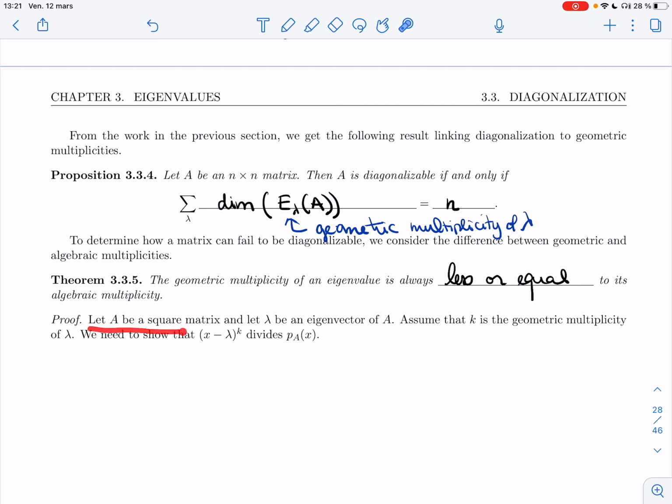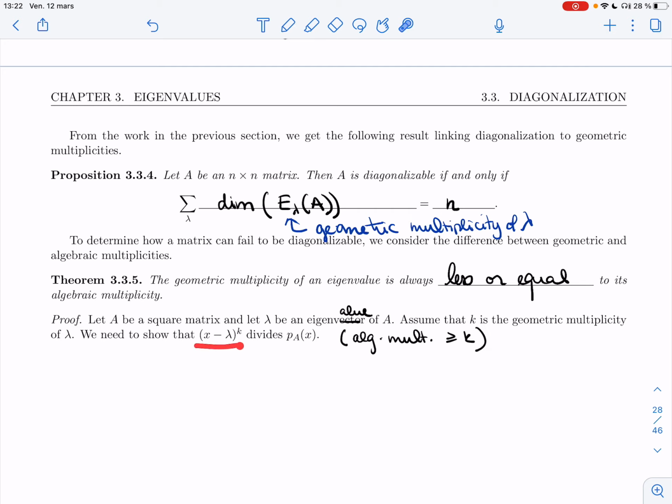Let A be a square matrix and let lambda be an eigenvalue of A. Assume that k is the geometric multiplicity of lambda. We need to show that (x minus lambda)^k divides p_A(x). That's the same thing as saying the algebraic multiplicity is bigger than or equal to k.